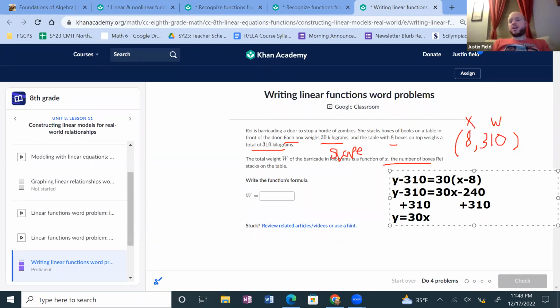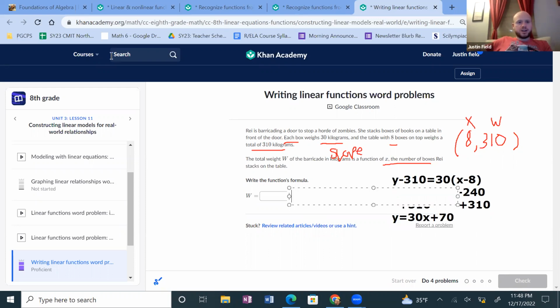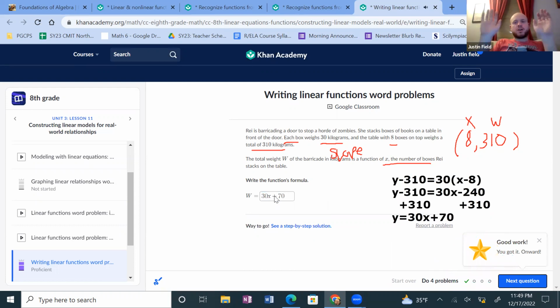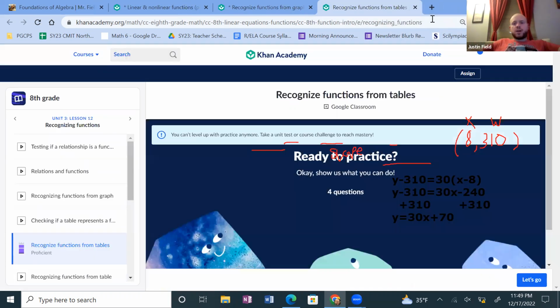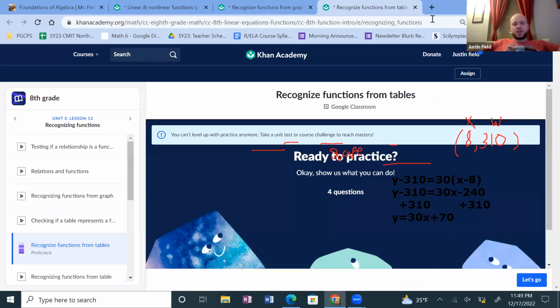So negative 240 plus 310 is going to be 70. And there we go. So we have 30x plus 70. We got it.